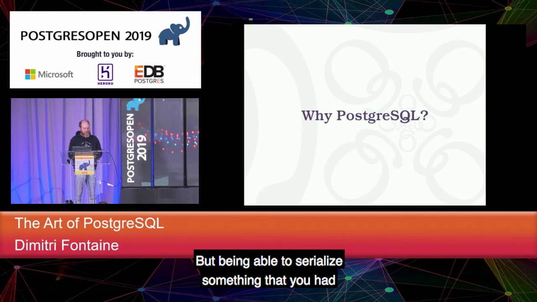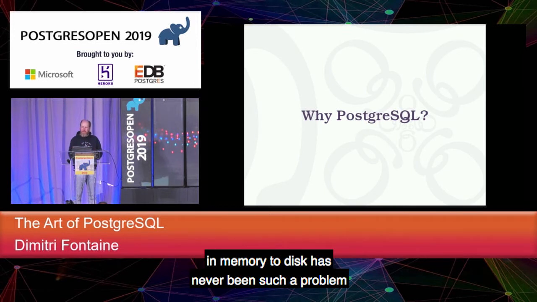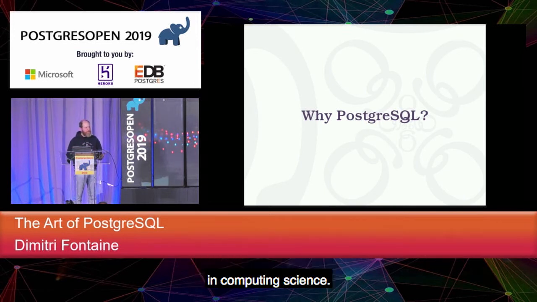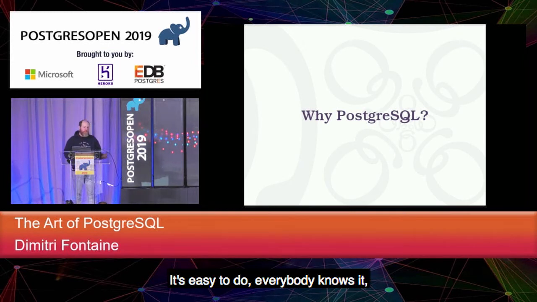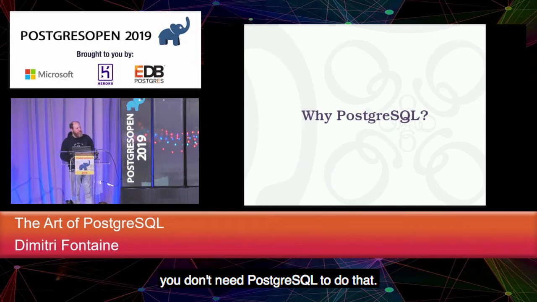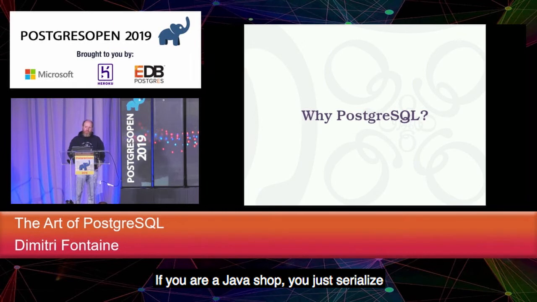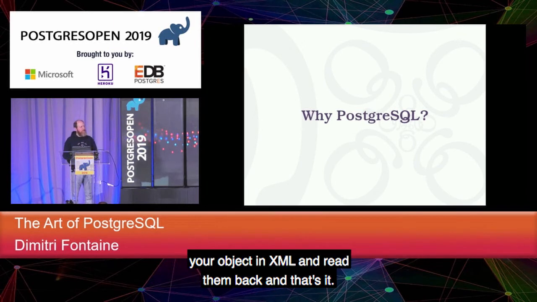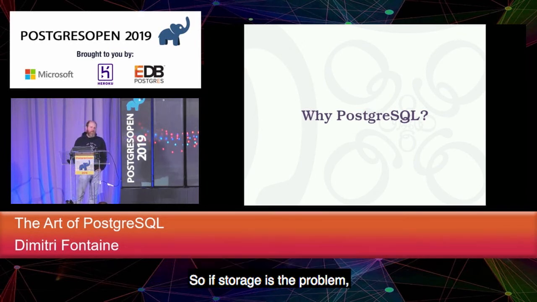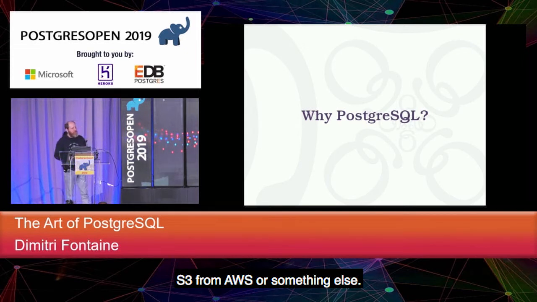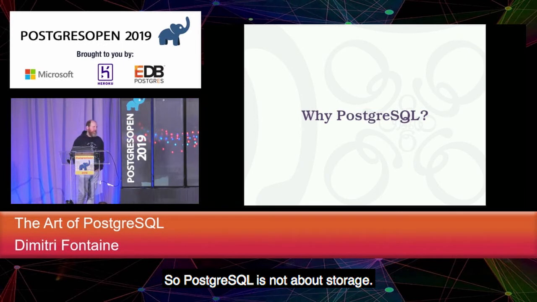But being able to serialize something that you had in memory to disk has never been such a problem in computing science. It's easy to do. Everybody knows how to do it. You don't need PostgreSQL to do that. If you're a Java shop, you just serialize your objects in XML and read them back, and that's it. So if storage is the problem, you go use, for example, on the cloud, blob storage from Azure, or maybe S3 from AWS or something else. So that's storage. So PostgreSQL is not about storage.